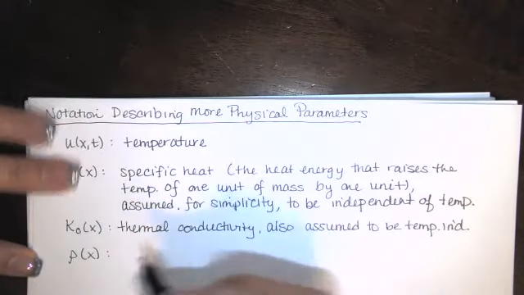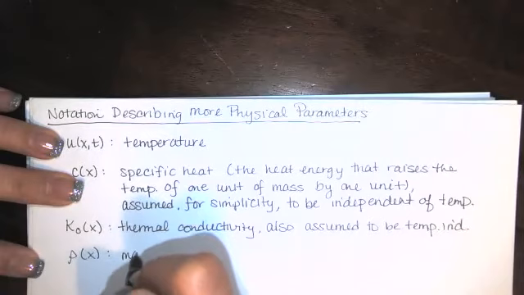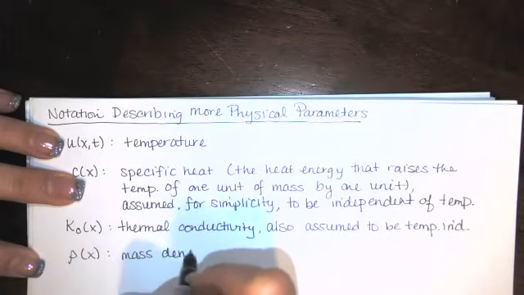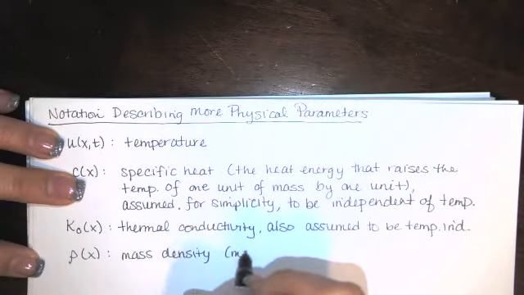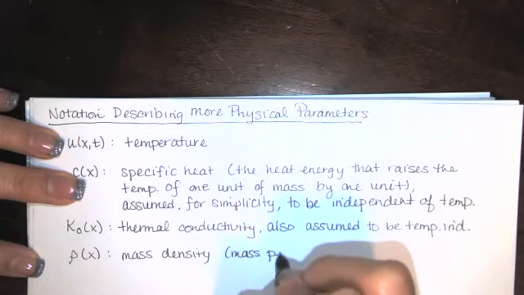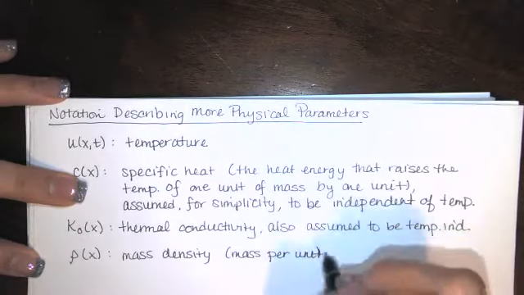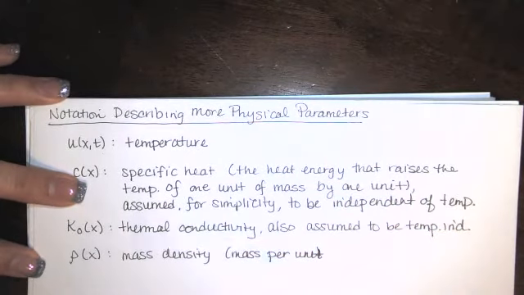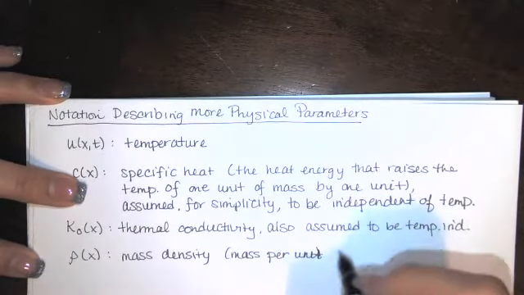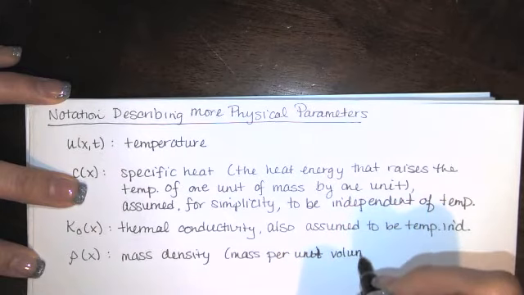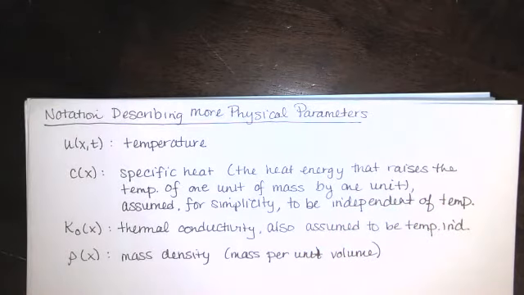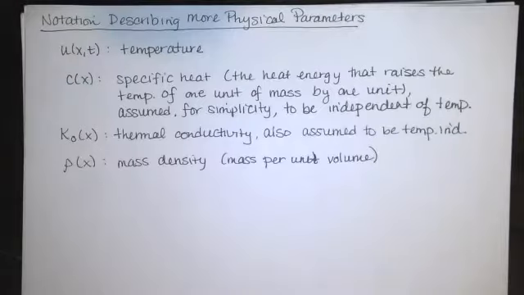And rho of x, this is the mass density. This is traditional density, mass per unit volume. And I think Dr. Constanda probably specifies mass density as opposed to weight density. So we're not dealing with pounds per cubic foot, for example. It's probably kilograms per meter cubed or something like that.